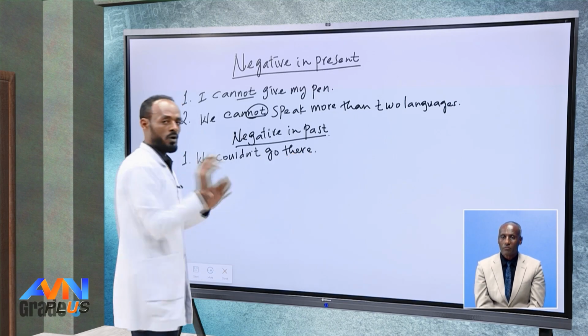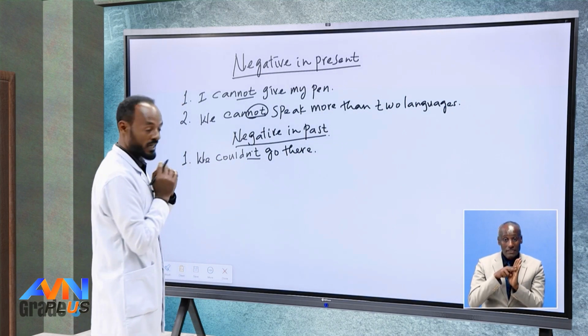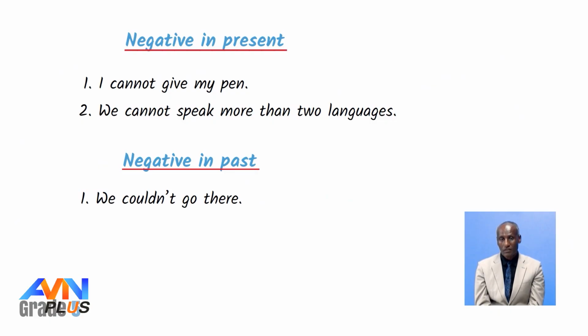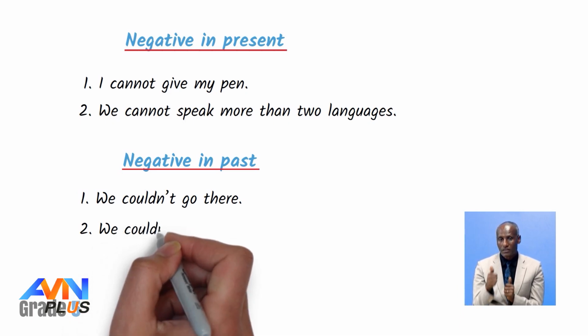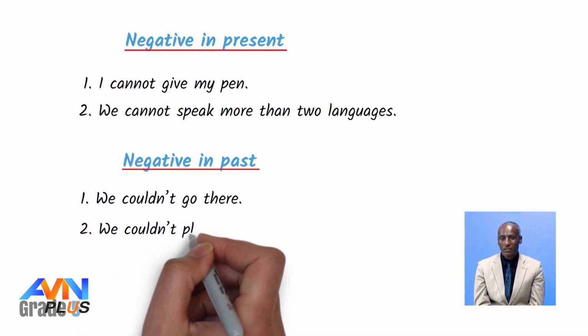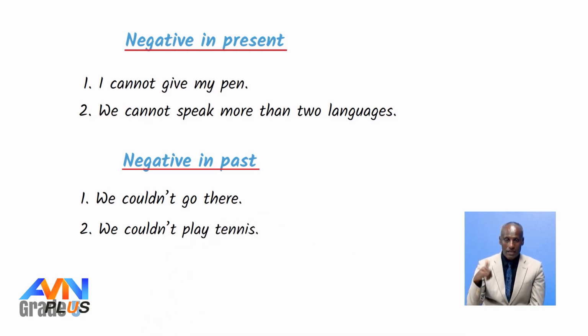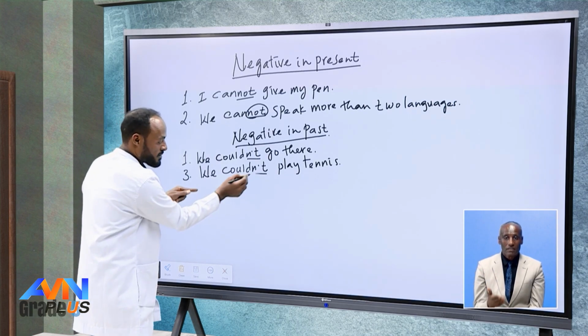We couldn't go there. Here is the negative marker in past, okay? The third, they couldn't play tennis. They couldn't play tennis. Here is the negative marker.